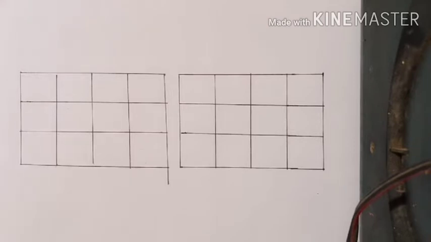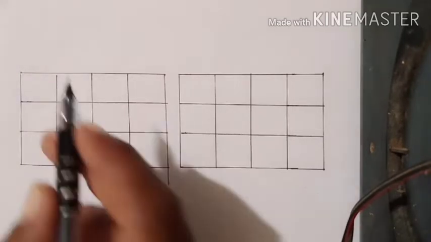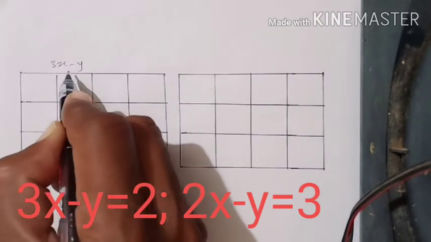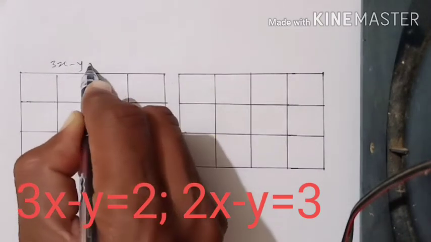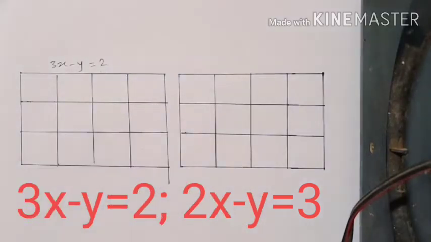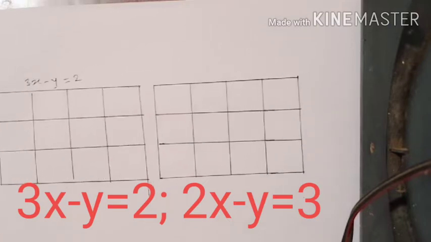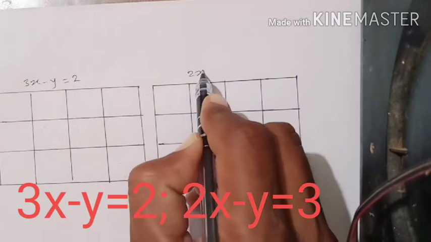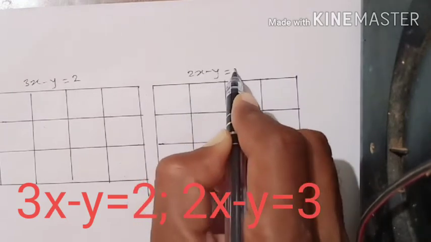See here. The fourth example: 3x minus y is equal to 2. It is the first equation of the fourth example. Now the second equation is, see here, 2x minus y is equal to 3.